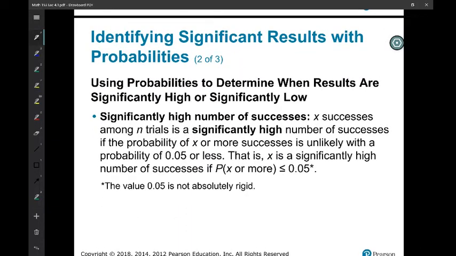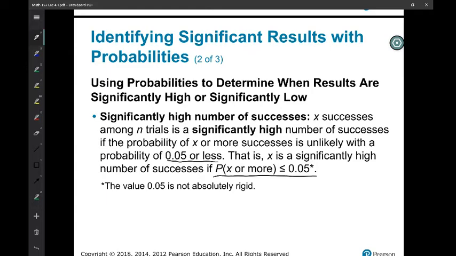So significantly high number of successes: X successes among N trials is significantly high if the probability of X or more successes is unlikely, with a probability of 0.05 or less. And this 0.05, some research groups might want to go with 0.02 or 0.01 or something less.